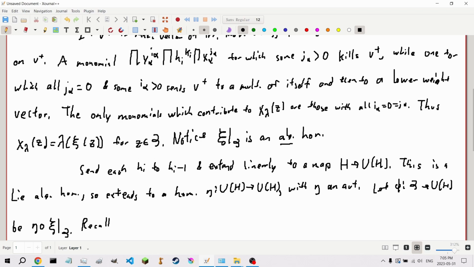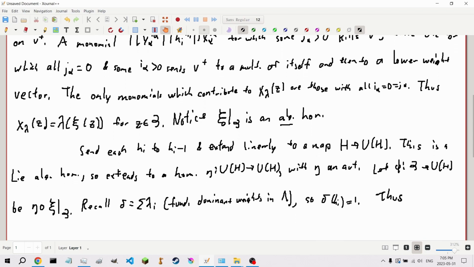Recall that in this context our delta is the sum of the fundamental dominant weights, sorry, not domain, in our lambda. So the delta of each h_i is 1.